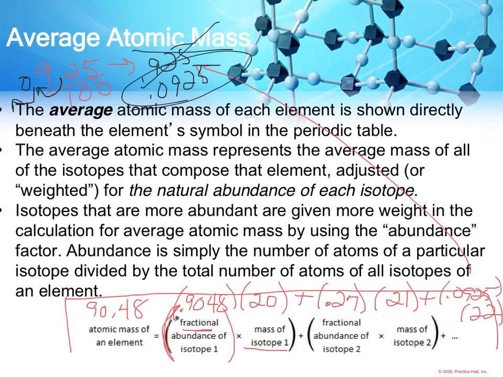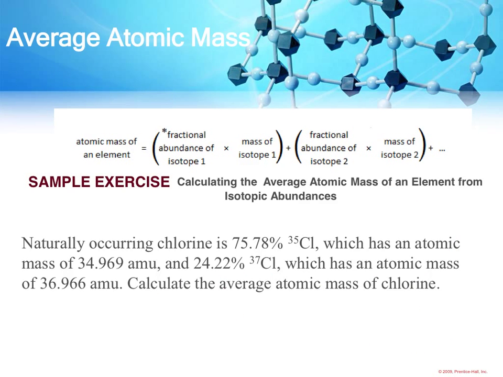So then, to find the average atomic mass of neon overall as an element, you would complete this mathematical equation. And you would get the number that appears at the bottom of neon on the periodic table. Here's an example for you to try on your own.